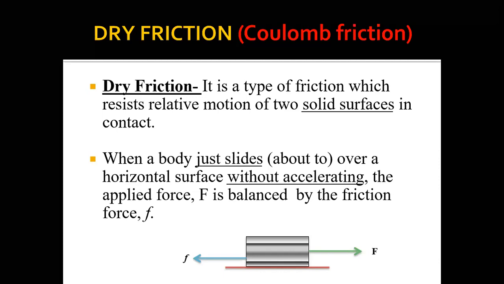The applied force, the force that is being applied to move the object, is always balanced out by the frictional force. So just before you begin to move, the force that will cause the motion will be equal to the frictional force. In other words, you need enough force to overcome the frictional force before you start moving.